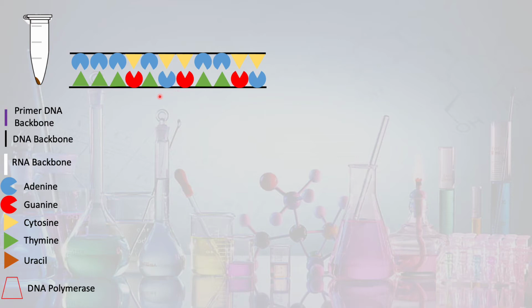So as our samples heat up, we actually break the hydrogen bonds that help contribute to keeping our complementary DNA strands together here, right? So we heat it up, the two DNA strands separate. That's going to allow the chemistry that I'm about to describe happen. And then once our samples cool back down, our DNA strands find each other again and group back up based on their complementary nucleotide sequences.